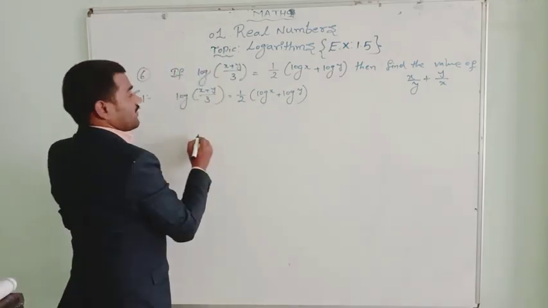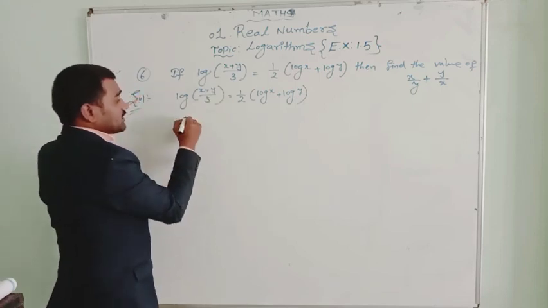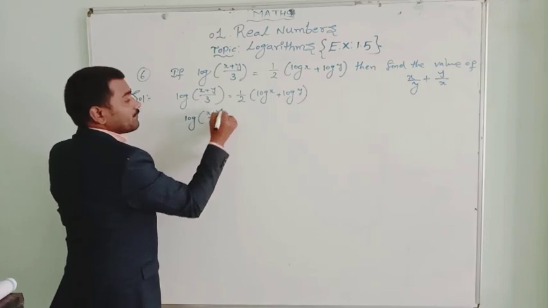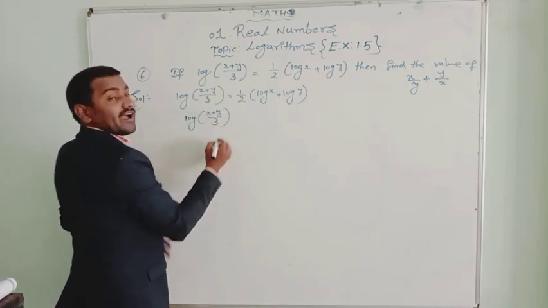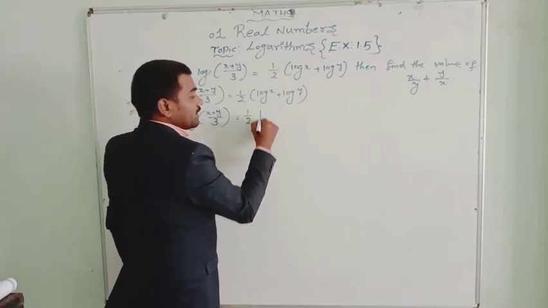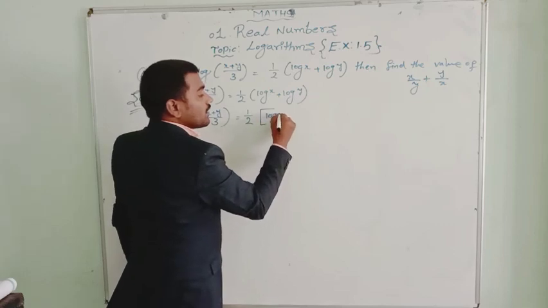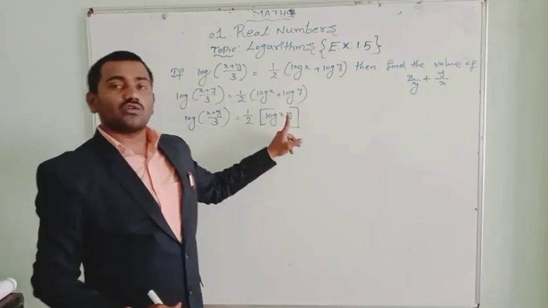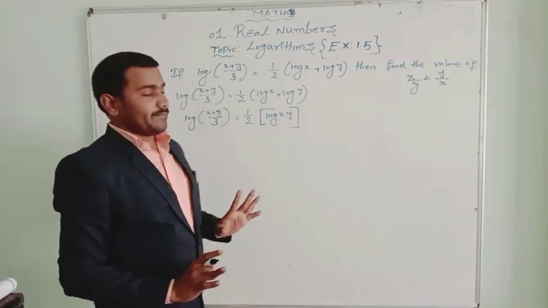So this is in the form of xy. Here we write the same again: log of (x plus y) by 3 equals 1 by 2 log xy.